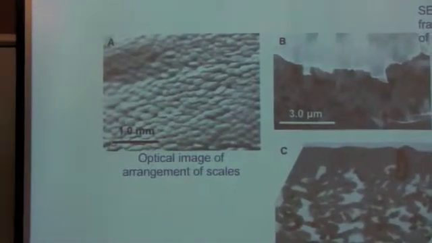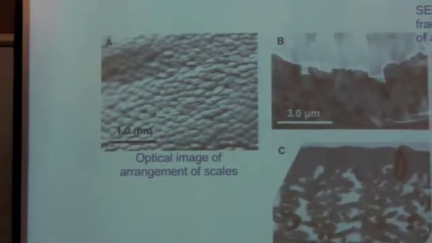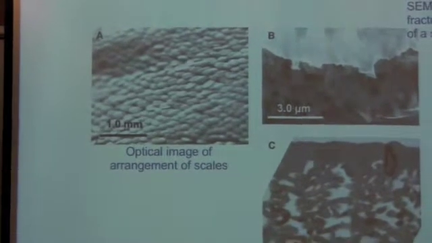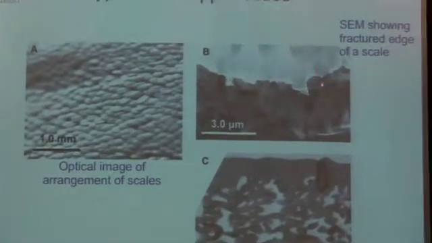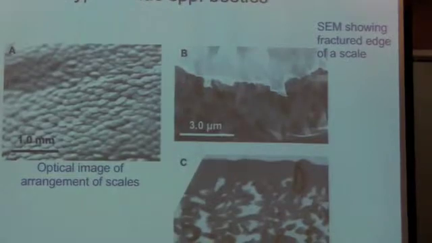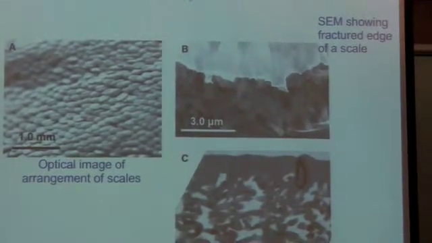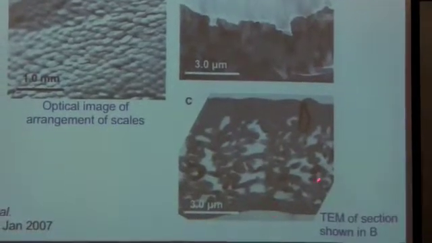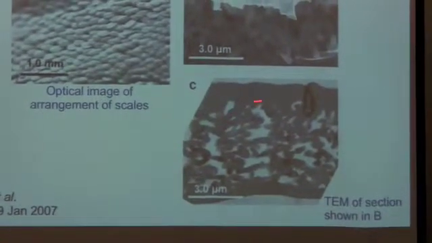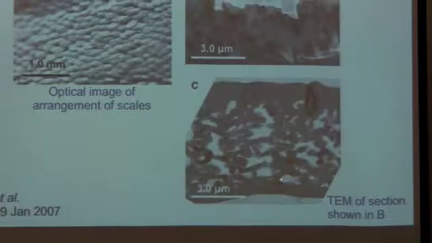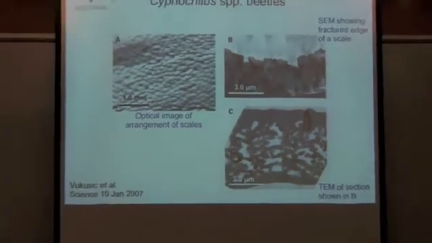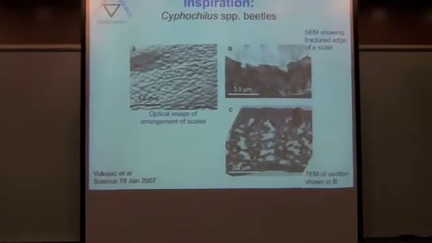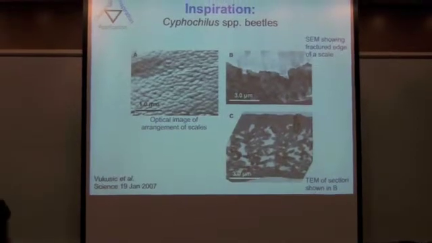And here's a cross section, like if you cut the scale, you see it's very rough, but there must be some reason for this, because that is how the light is scattered back and we perceive it as white. So this is not a random organization of the structure. There's a reason for this, and it will result in a white color.